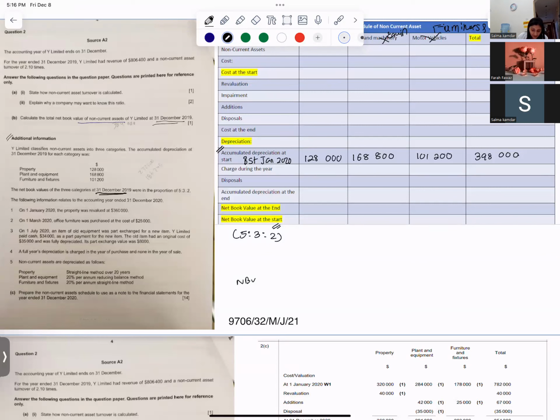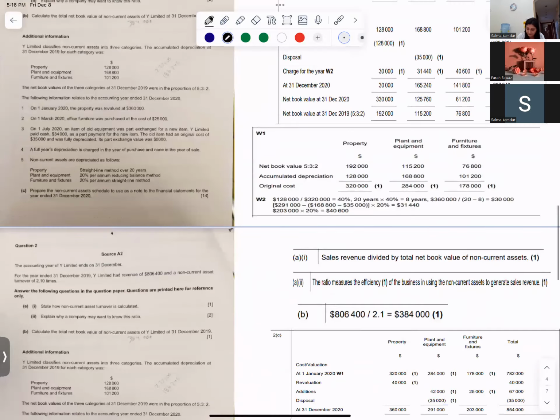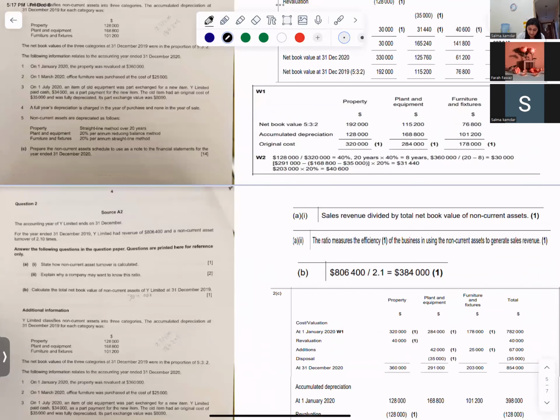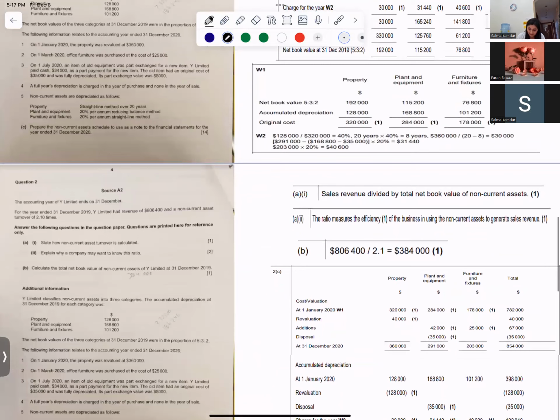Okay, fine. So how do you find the net book value of the assets? Can you tell me? Net book value we have already calculated in part B. How did you calculate? They've given the non-current asset turnover, so we divide the revenue with the non-current asset turnover.